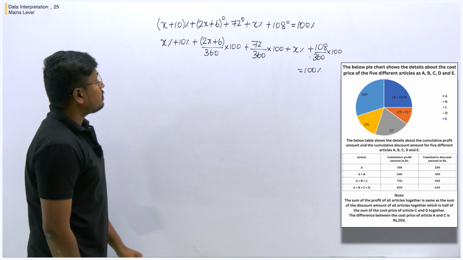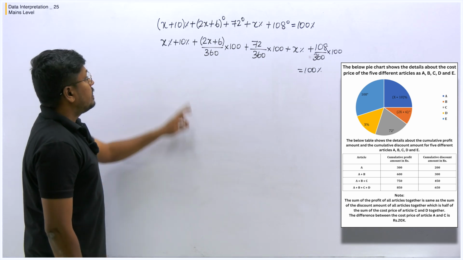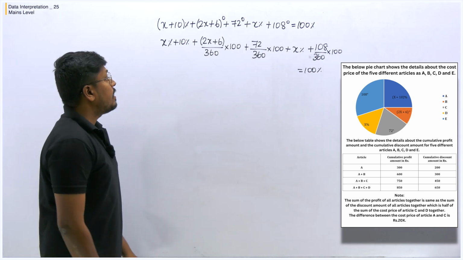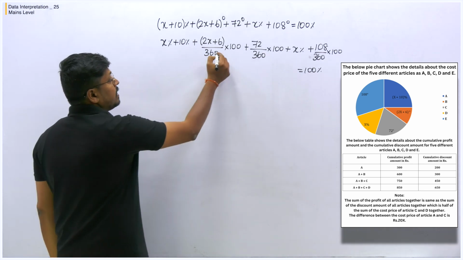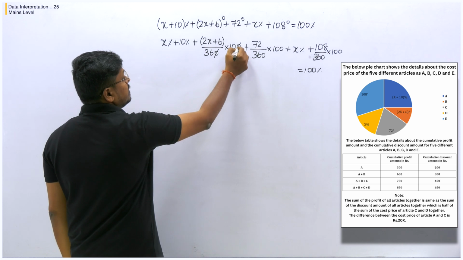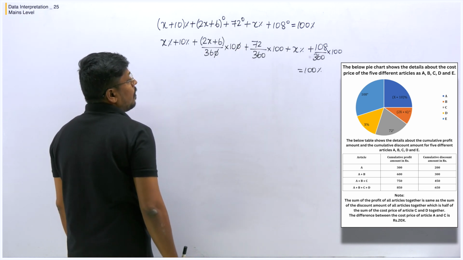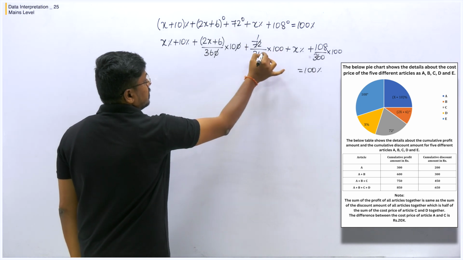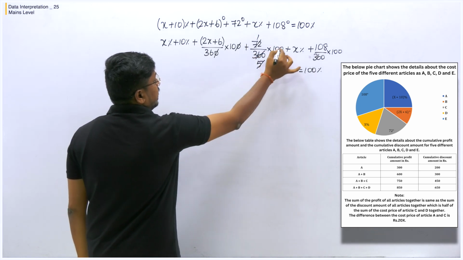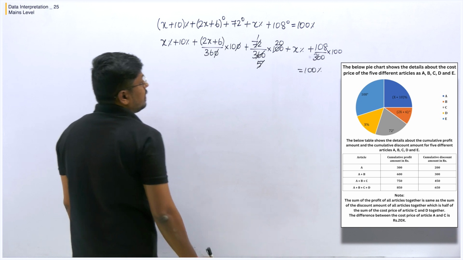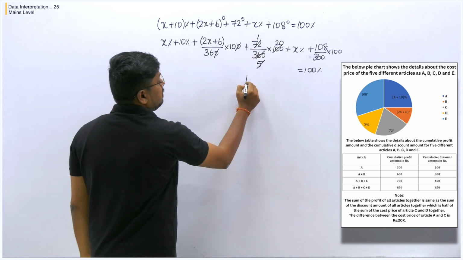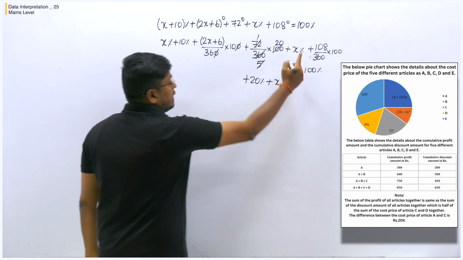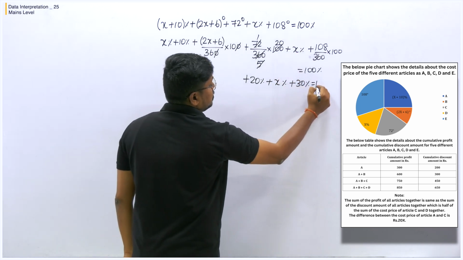So now x percentage will be 2x percentage. Similarly, we can cancel the zeros here. This will be 1 times, this will be 5 times, and when you cancel it this will be 20. So this complete part will be 20%, plus x percentage plus, this will be 30%, equals 100%.